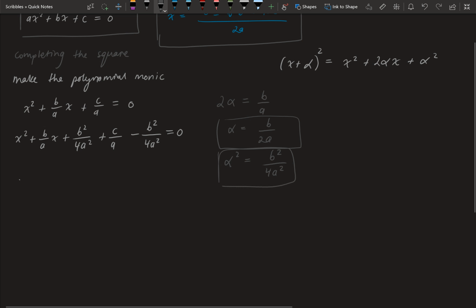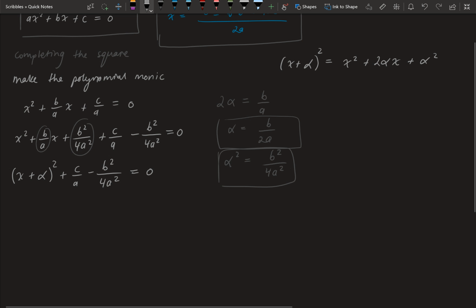So we've got 2 alpha there, and alpha squared there, and then we still have plus c on a minus b squared on 4a squared equals 0. So the idea is to create that perfect square and have something on the outside that isn't part of that factorization.